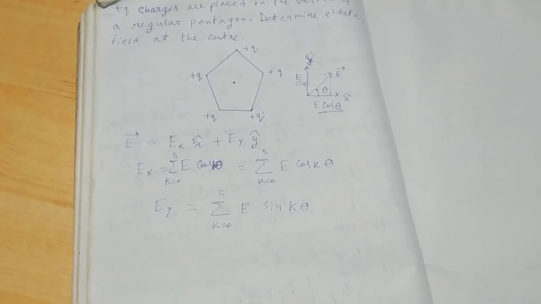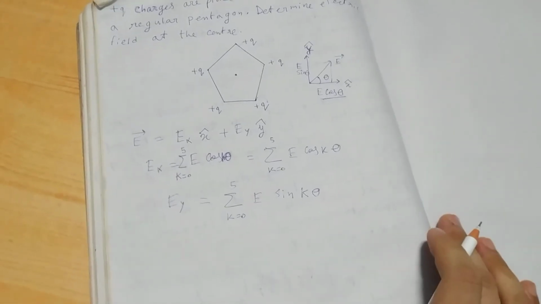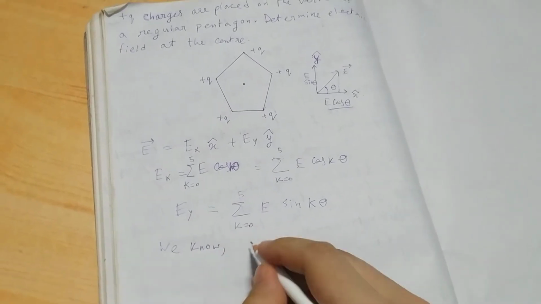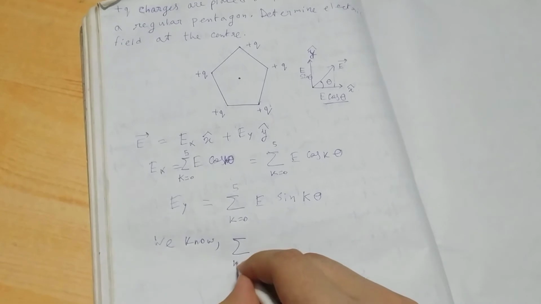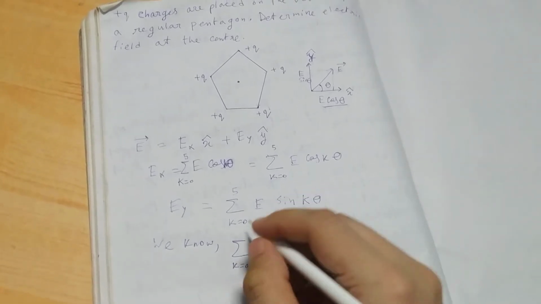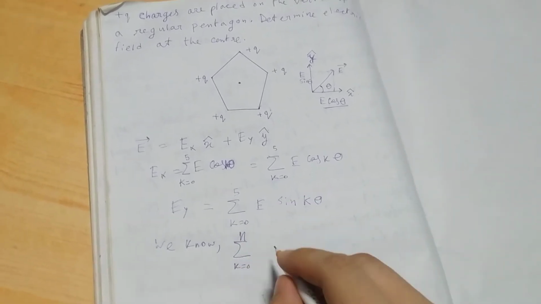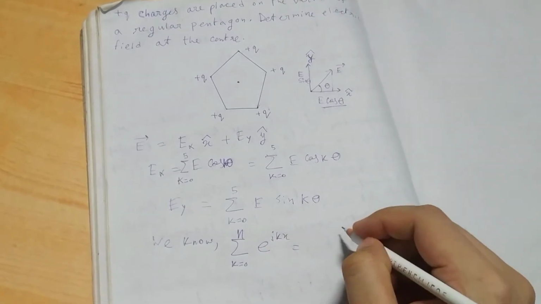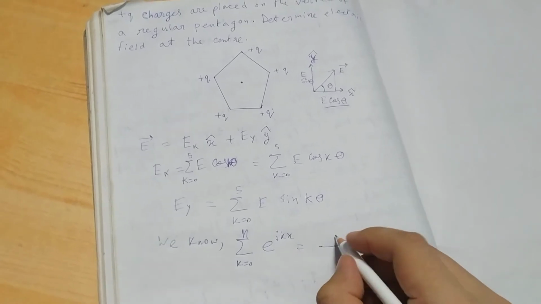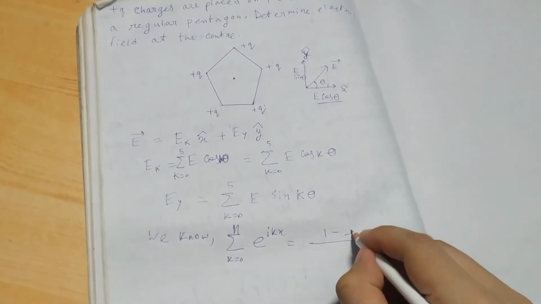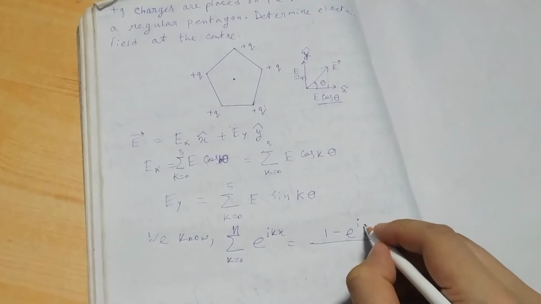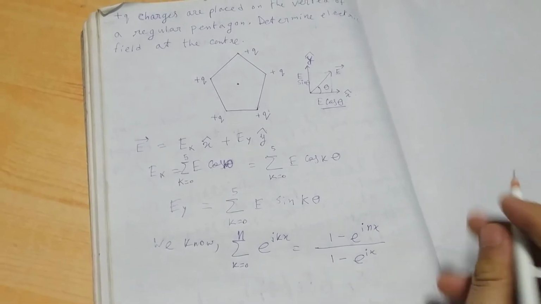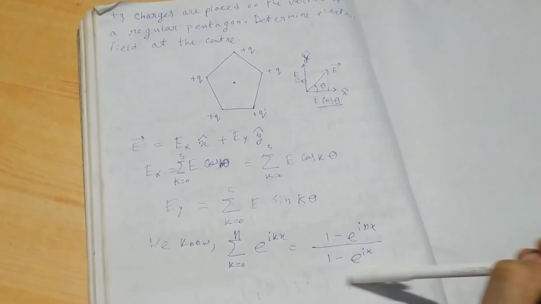So now let's move forward. We know that the summation from k equals 0 to n of e to the power i k x is (1 minus e to the power i n x) by (1 minus e to the power i x). Now how am I getting this?